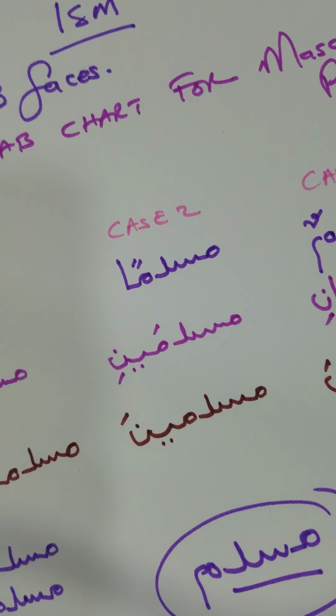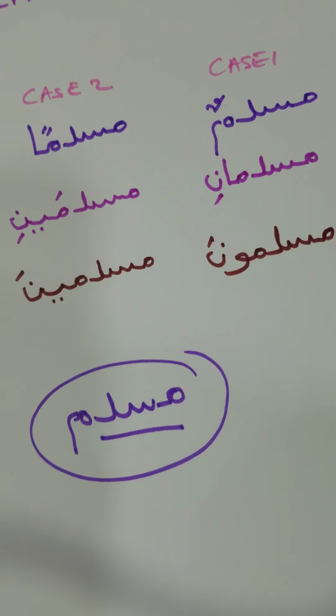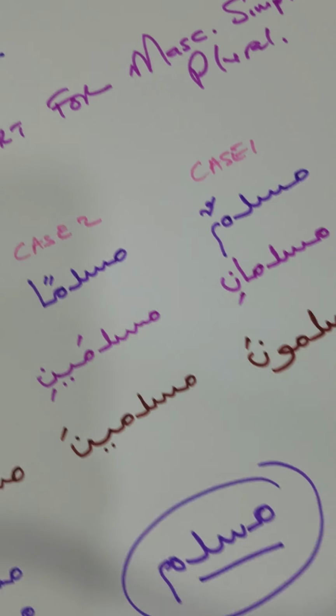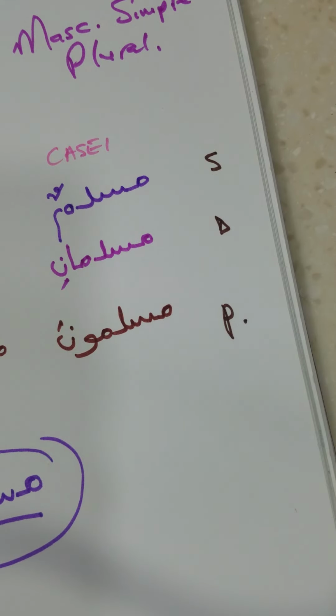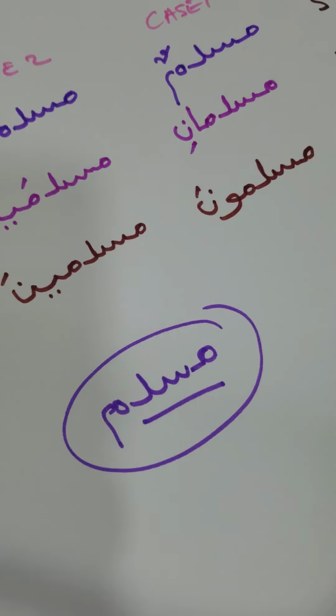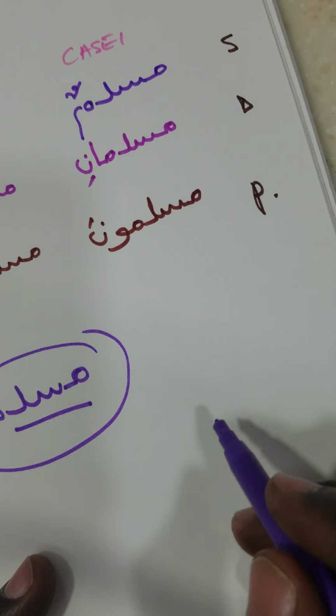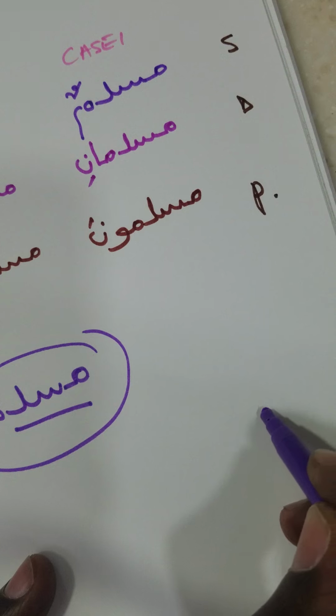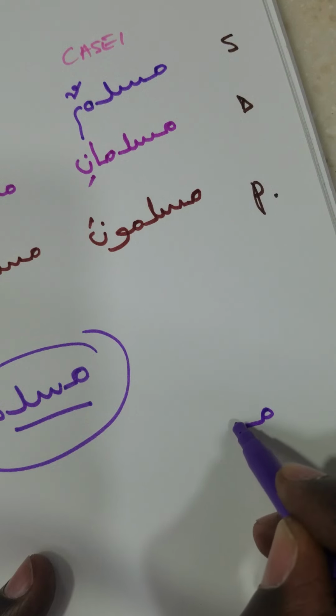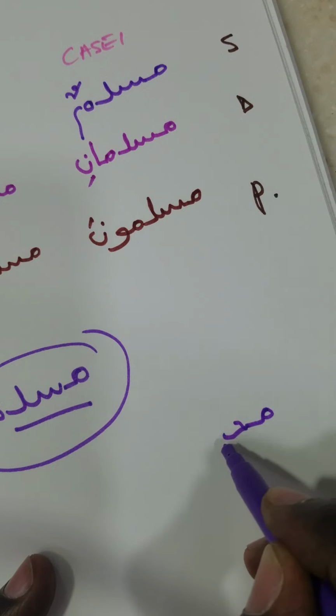Now, for example, let's have a look at the noun, a name. Let's just use a name in this particular case, a name like Muhammad.